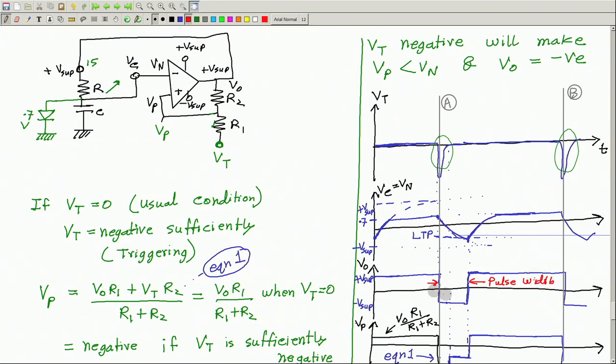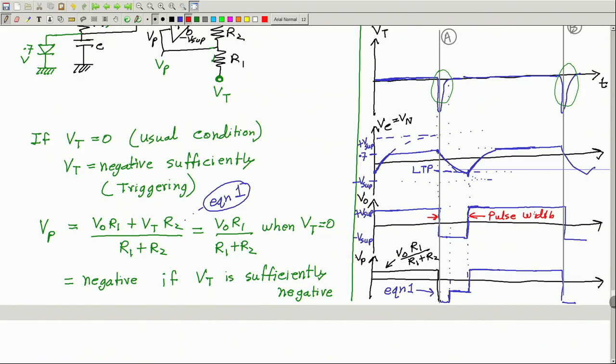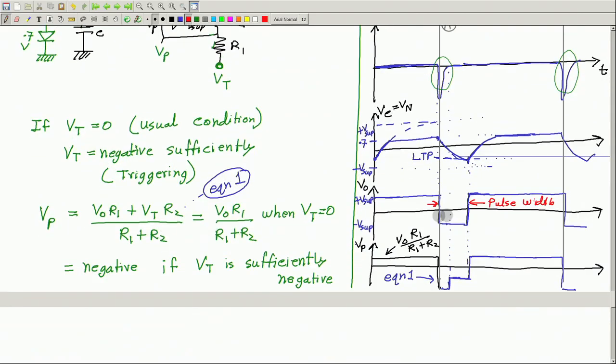Okay. So, let us compute the value of this pulse width. How can we compute this pulse width?